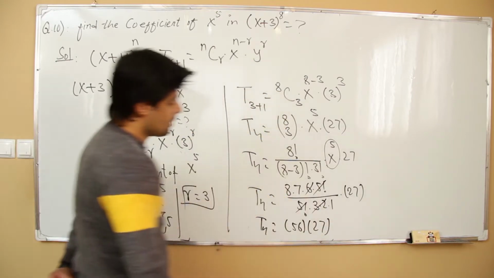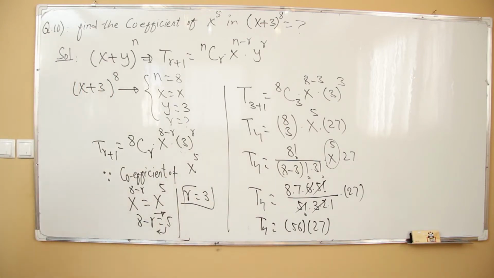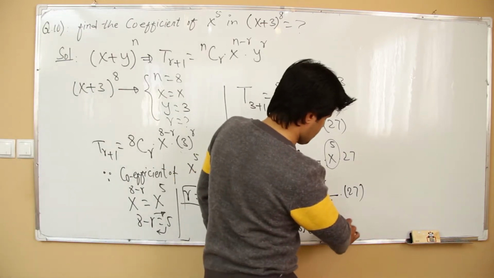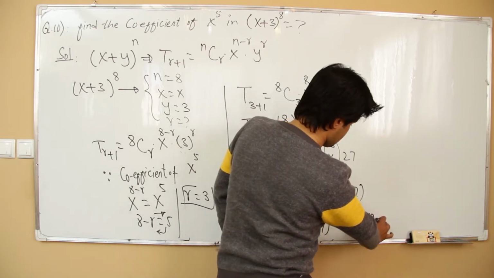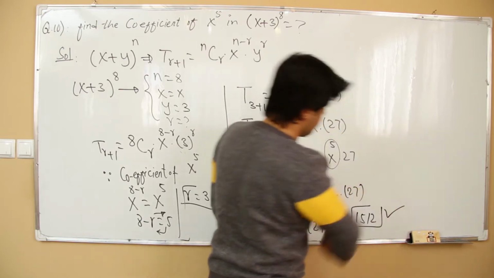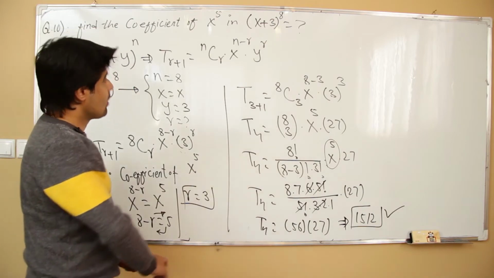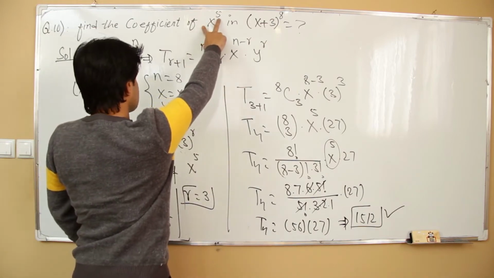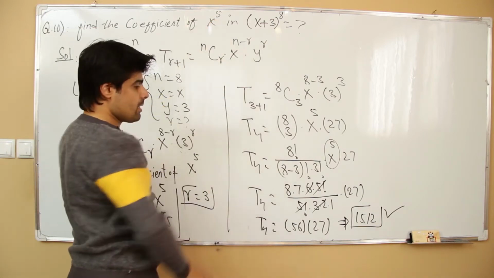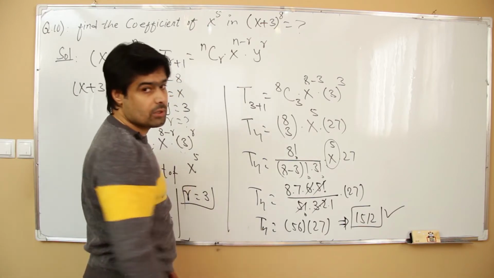Now if you multiply this term, this is the coefficient of x to the power 5. What is the multiplication for this one? It is 1512, and 1512 is the coefficient of x to the power 5. Which term is that one? It is the fourth term.